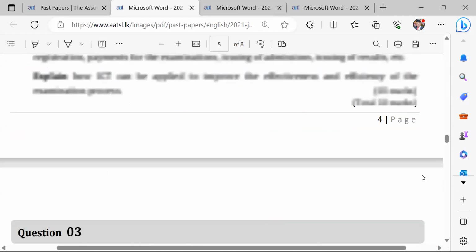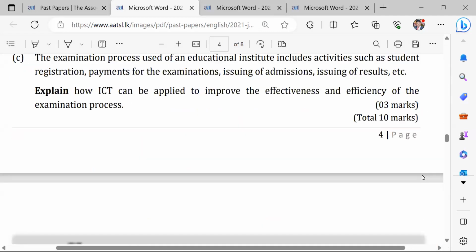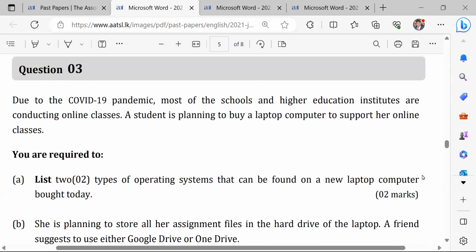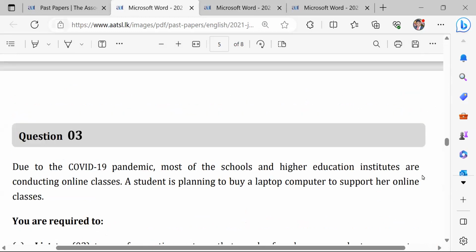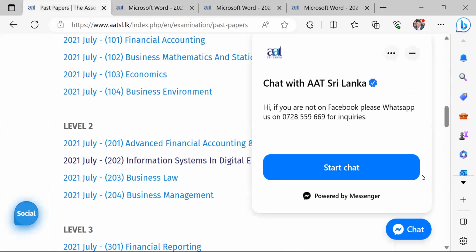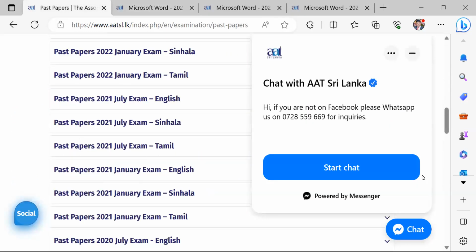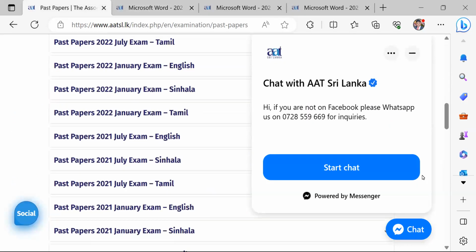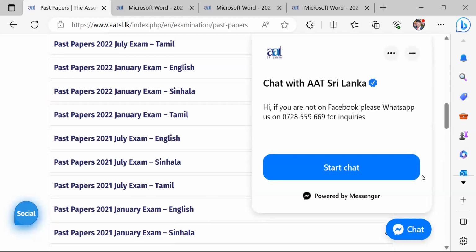See, even the previous exam, due to the COVID-19 pandemic, most of the schools and higher education institutes, right? Then another, 22 January.